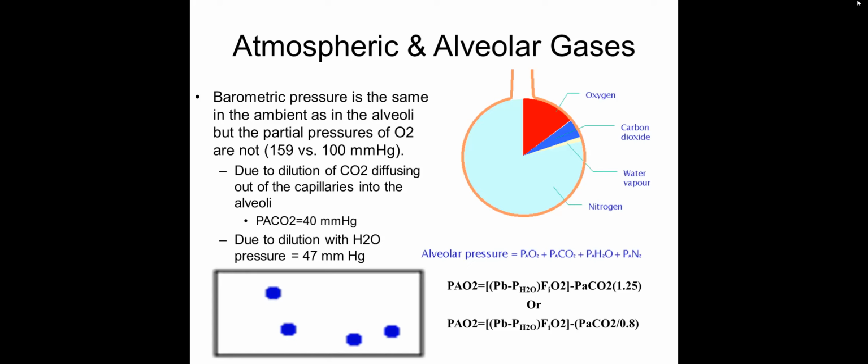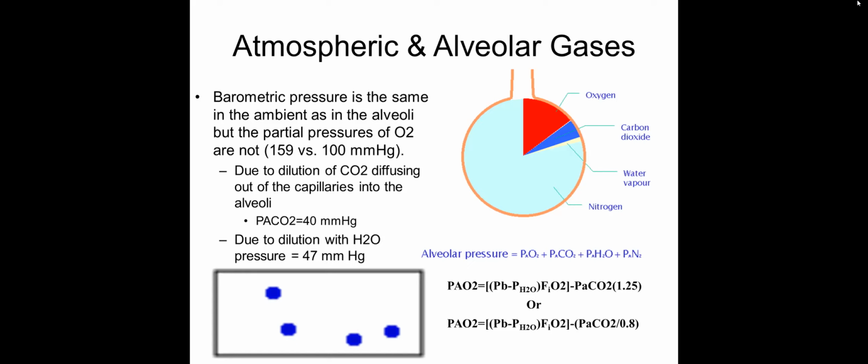So why does it decrease? Well, it decreases because the alveoli can only hold so much volume and pressure. And as you know, carbon dioxide is coming out of the capillaries into the alveoli. So that carbon dioxide partial pressure will be higher in the alveoli than it is in the atmosphere, taking up more space or pressure room, if you will.